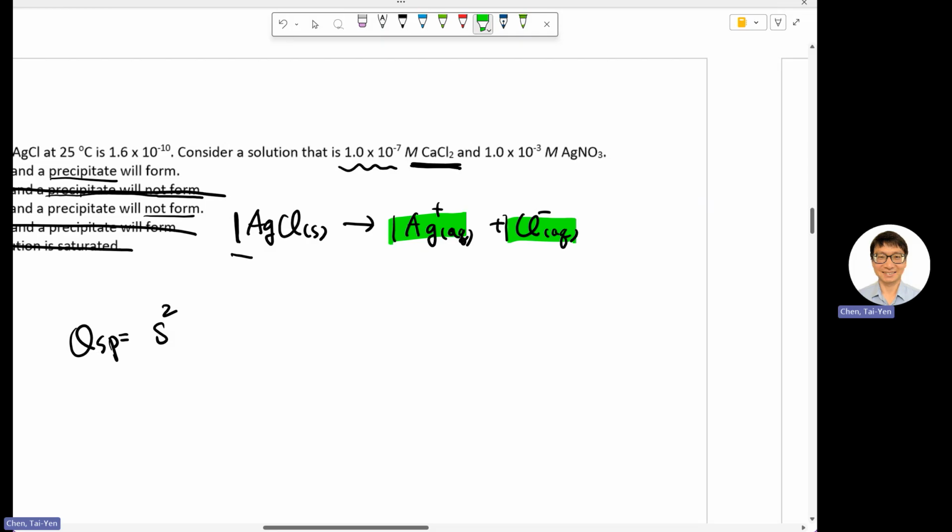Okay, so your calcium chloride is going to produce which species? Ag+ or Cl-? Cl-, right? How much Cl- can one CaCl2 produce? 2, right? That means if you have this concentration of your CaCl2, the Cl- concentration, because of this 2, will be 2 times 10 to the negative 7. This is the concentration you need to use. Is that clear?